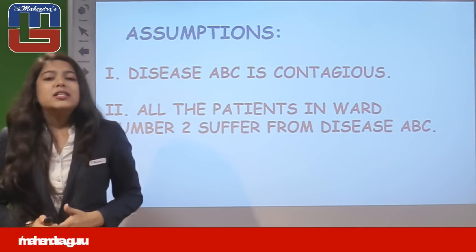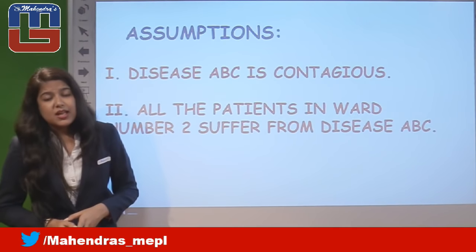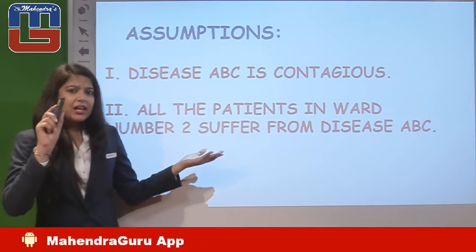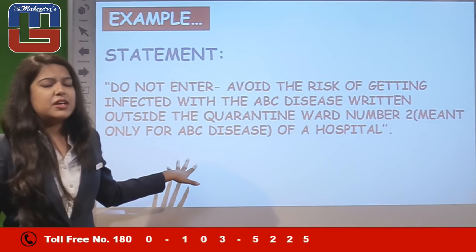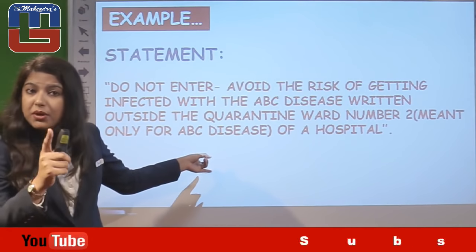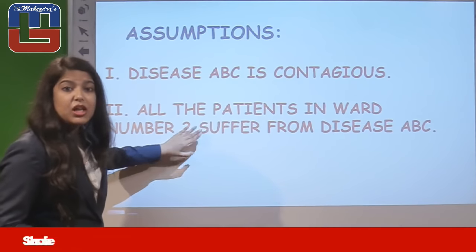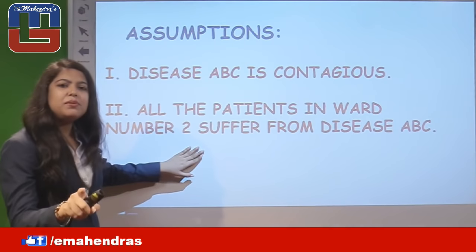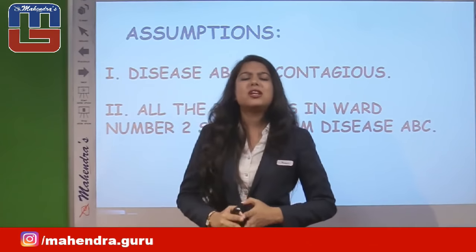Second, all the patients in ward number 2 suffer from disease ABC. Don't you think this is claiming a definite assumption? Yes, because the statement mentioned in the bracket meant only for ABC disease for ward number 2. That means it can be claimed as a definite assumption. So assumption number 2 is implicit for this statement.